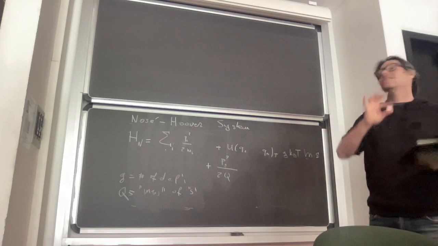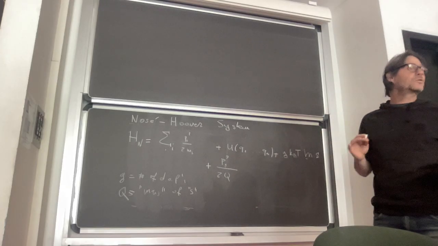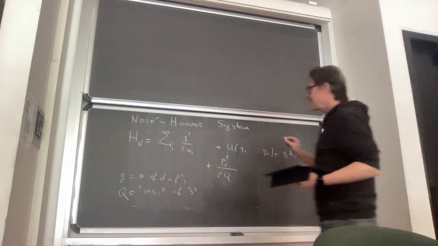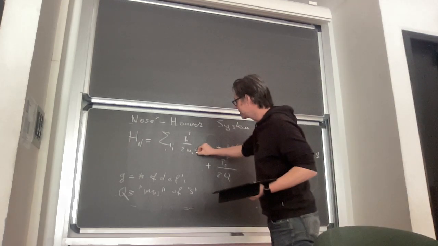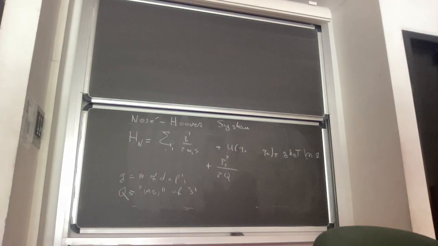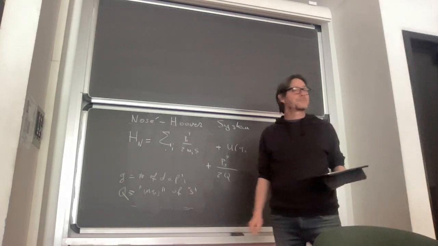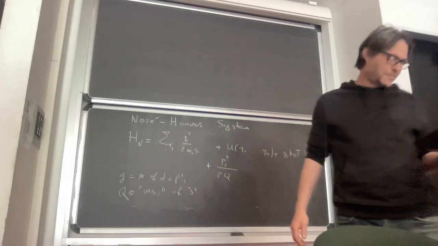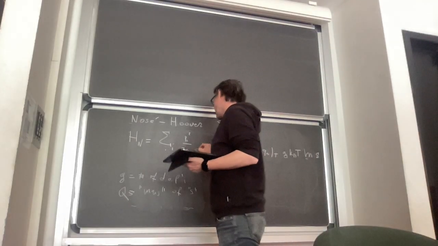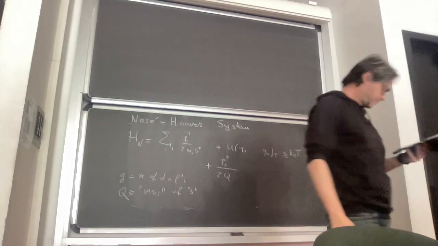Now, the entire building of the Nose-Hoover formalism, as we shall see, consists in adding a coupling here, with S, which, by the way, means that S is dimensionless, because otherwise I would screw up the dimensionality of the kinetic energy. And I think it's a square. Sorry, a square.